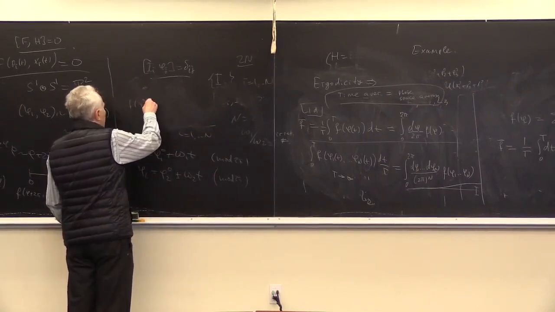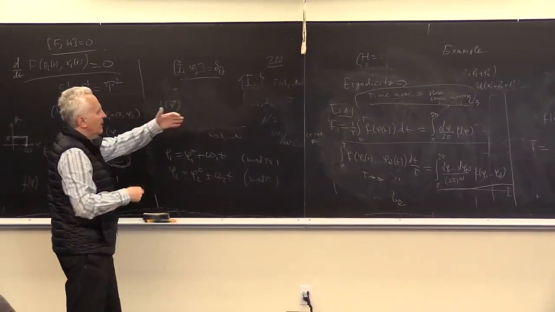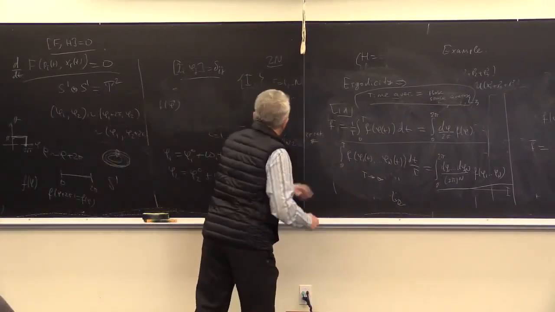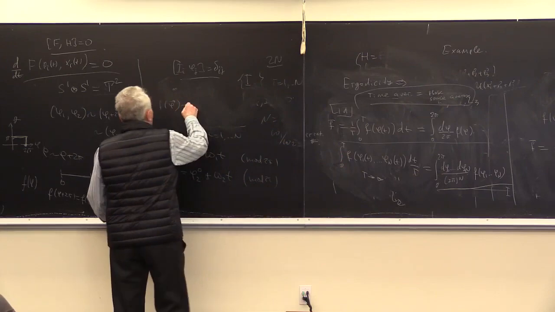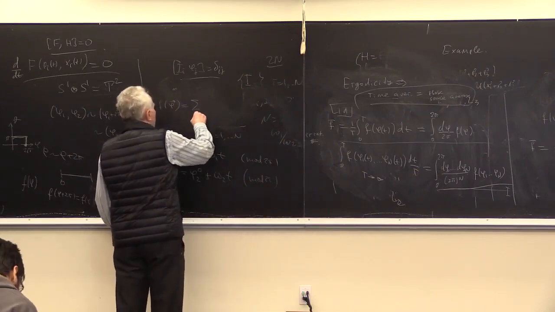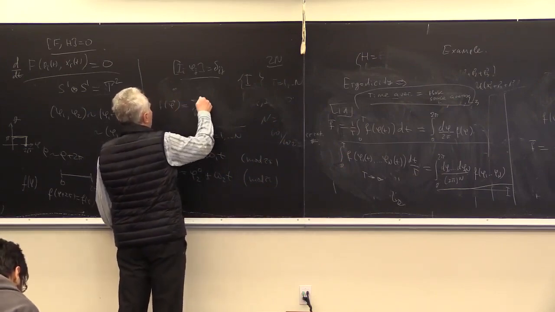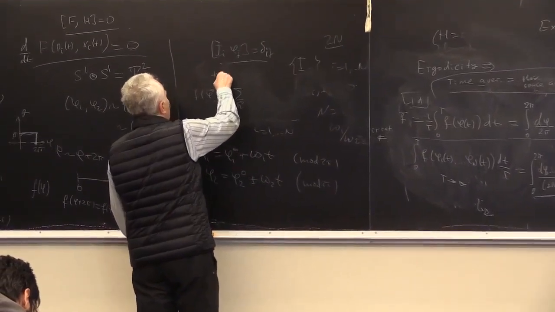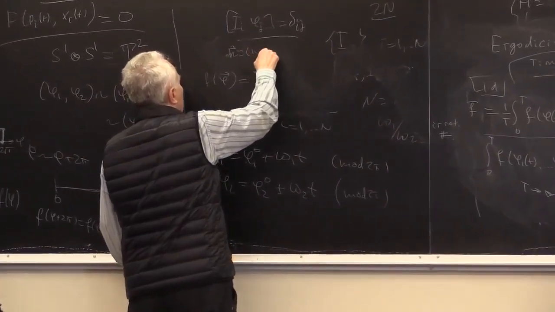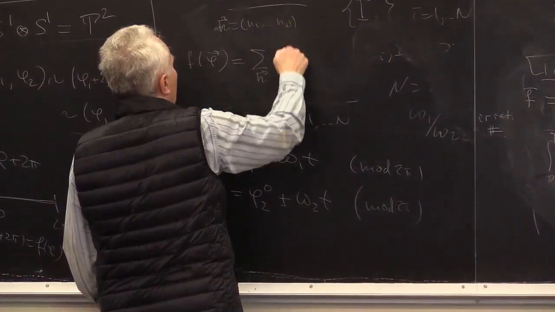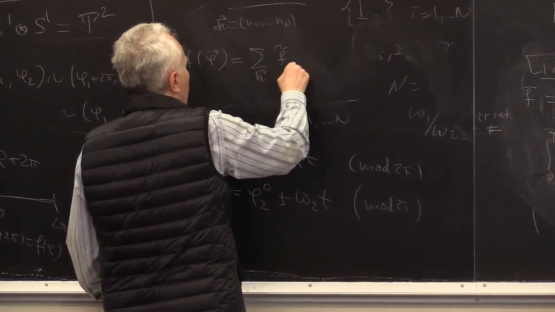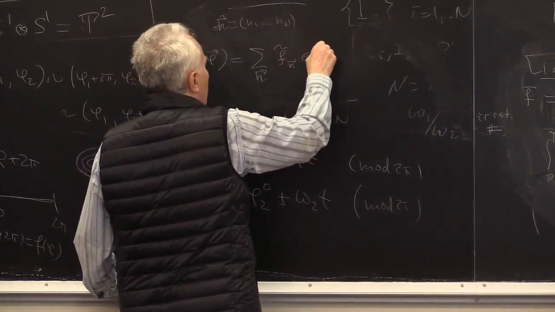I'll call it a vector phi, meaning phi_1 through phi_n. And the same Fourier decomposition, but now you have a vector n, n is n_1 through n_n, f_n tilde, e to the i n phi.